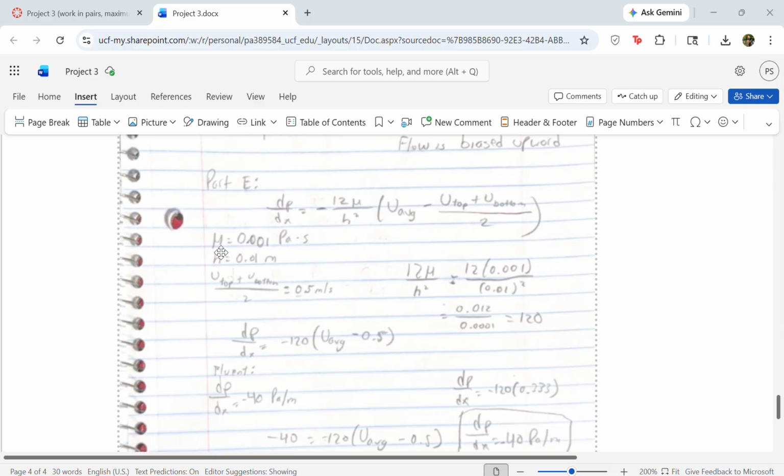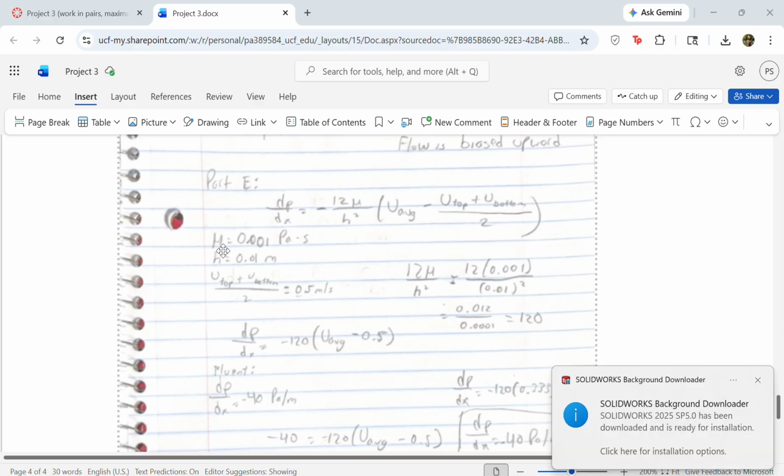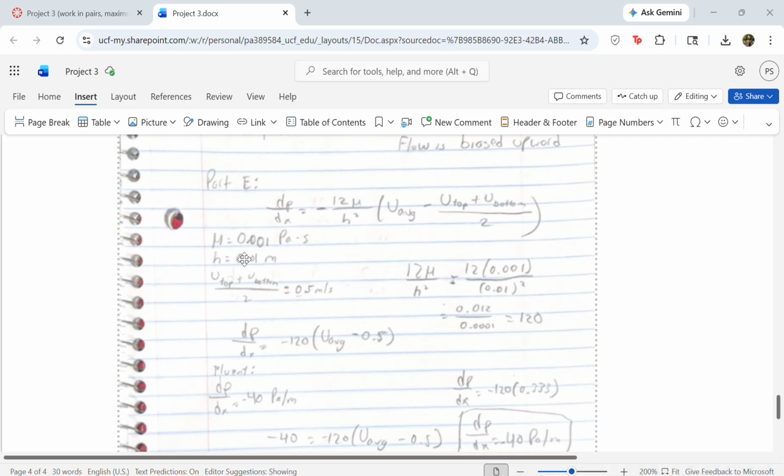Substituting the known values, the top plate velocity is 3 meters per second, the bottom plate velocity is negative 2 meters per second, so their average is 0.5 meters per second. The viscosity is 0.001 pascal seconds, and the channel height is 0.01 meters.